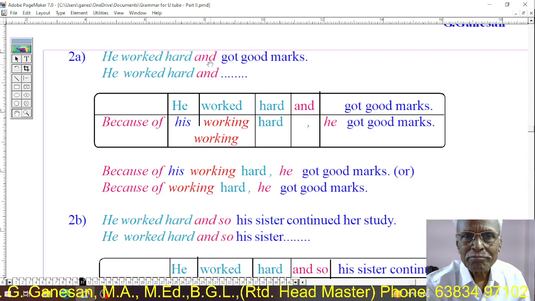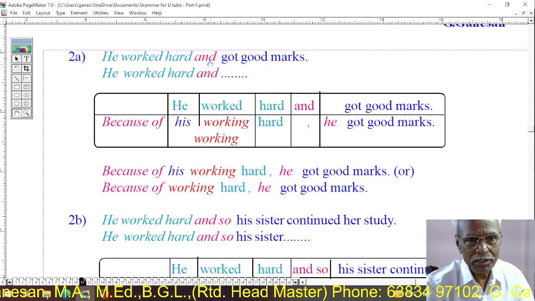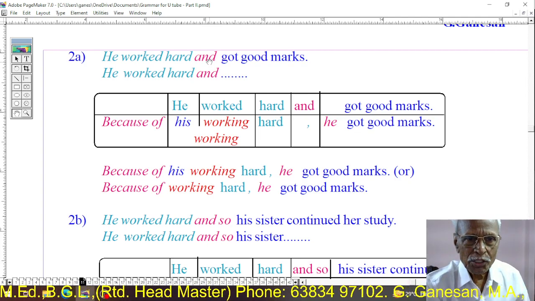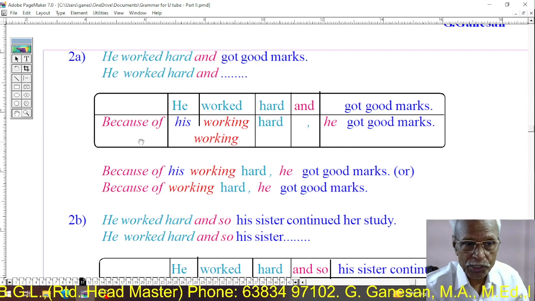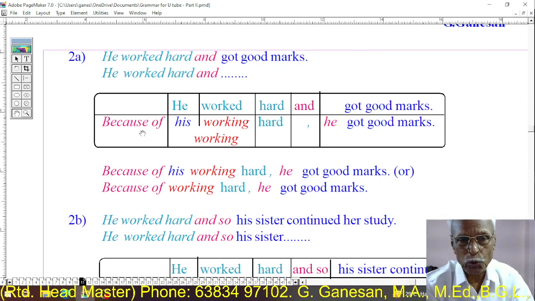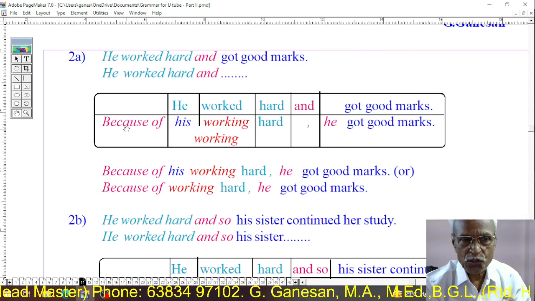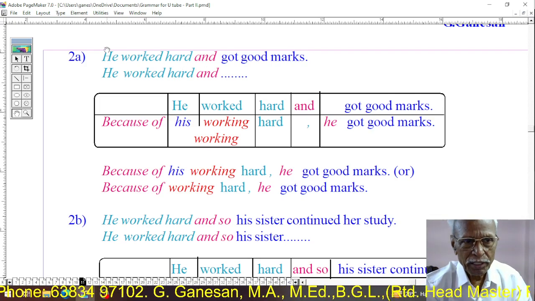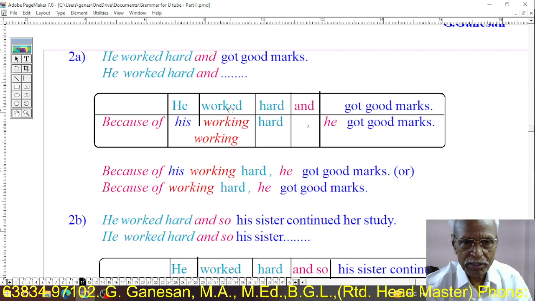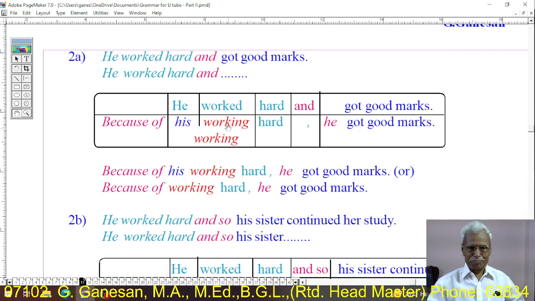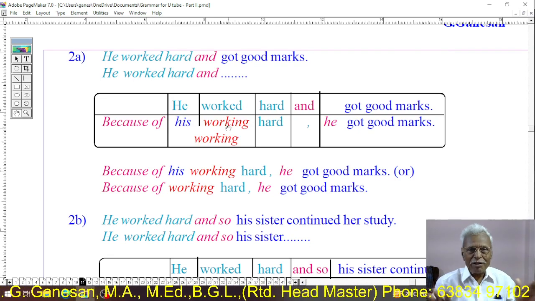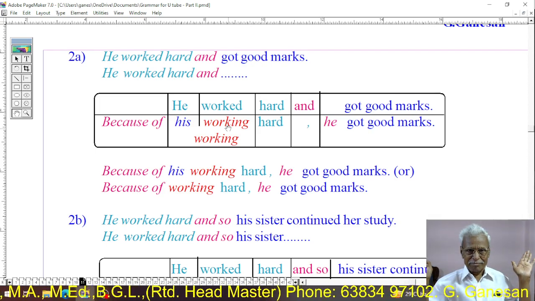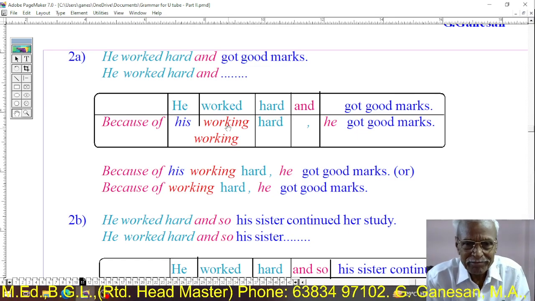The conjunction is "and so", and its phrase is "because of". He, his; worked, working. You can say either his working or working, or hard work.